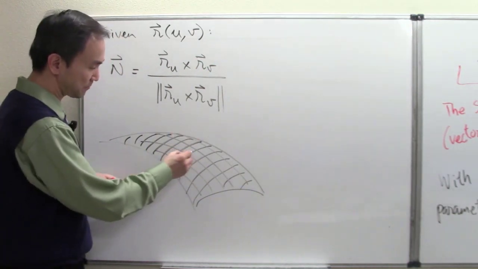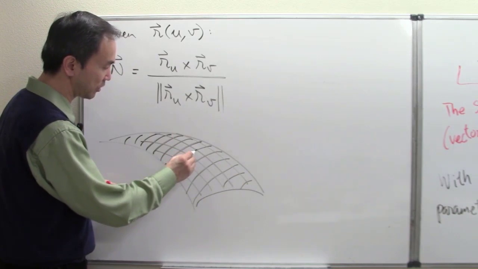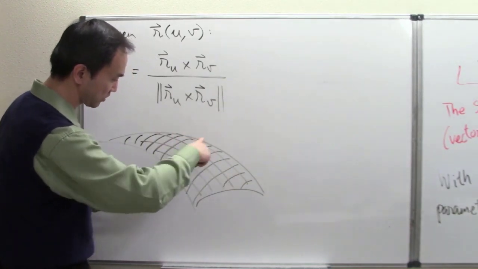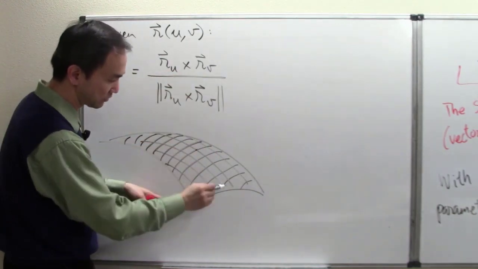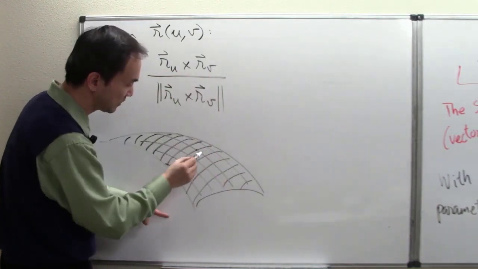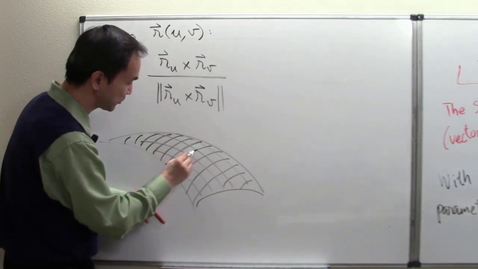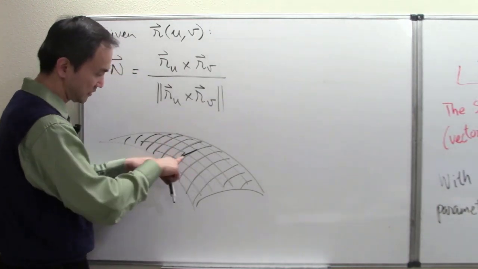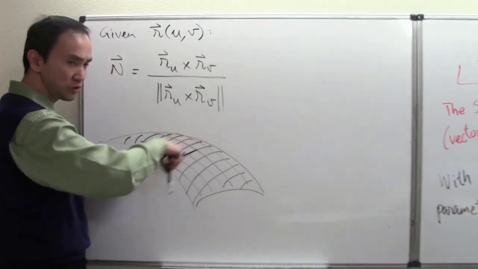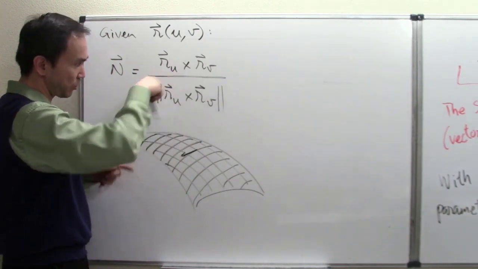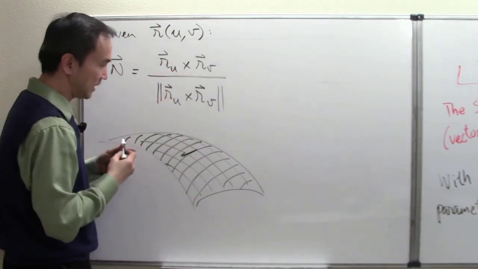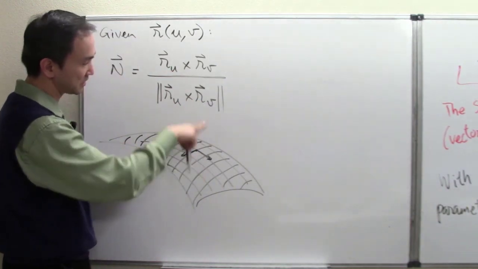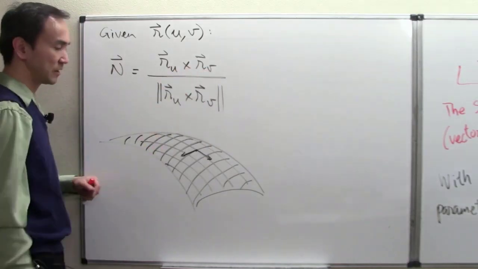Think about any sub-partition, at any point. If the grids going this way correspond to the u variable, and those going the other way correspond to the v variable, then R_u means the tangent vector, I didn't say anything about units, the tangent vector in the u direction, or corresponding to the u parameter. And R_v is a tangent vector at that point on the surface in the direction corresponding to the v parameter.